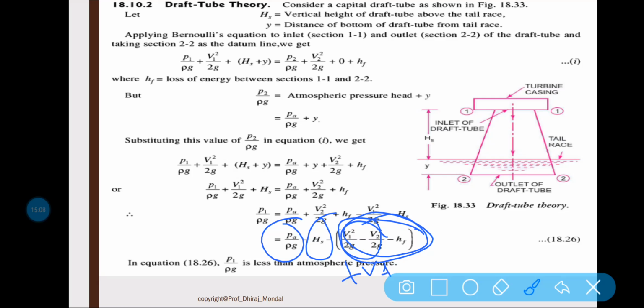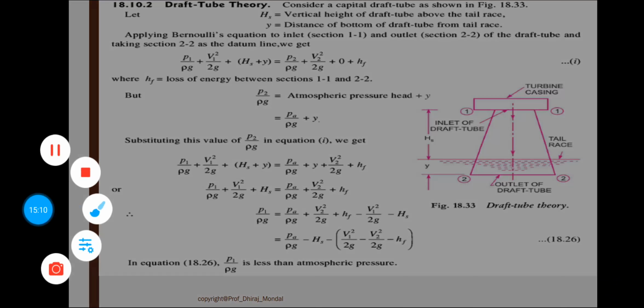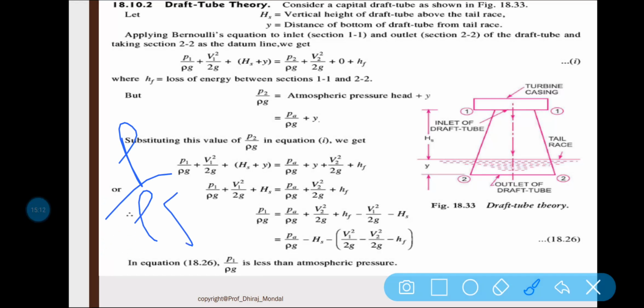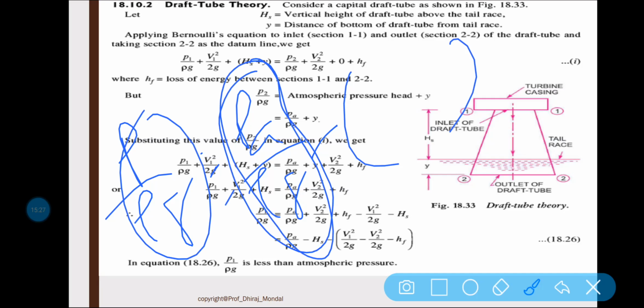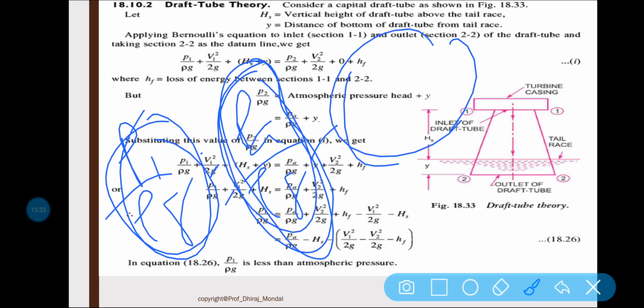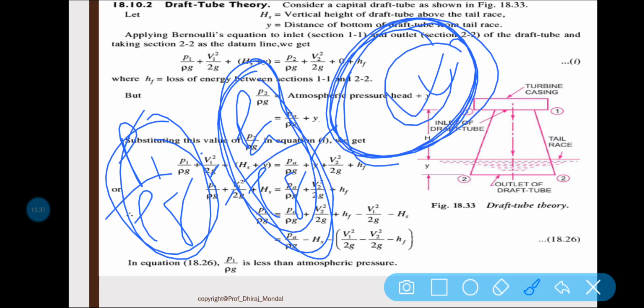So what we want to say is that P1 by rho g is equal to Pa by rho g, that is your atmospheric pressure head, minus some positive number, so it will be less than the atmospheric pressure head. Otherwise, for the pressure head at the inlet to be equal to the atmospheric pressure head, this part would have to be 0, but it has some positive value.